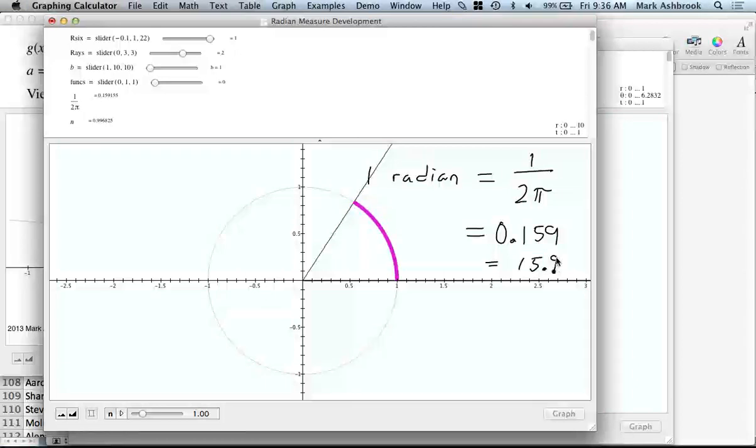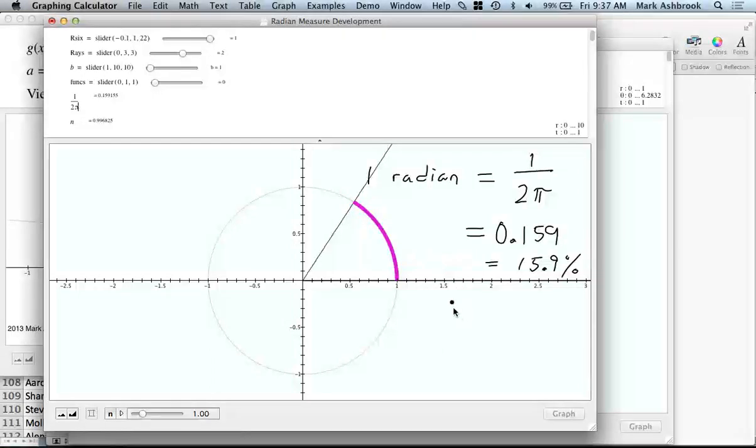So how many degrees is 1 radian? What would you do? You've got everything you need. If 1 radian is 15.9% of the circle, then how many degrees is it? How'd you get that? Right, so we could just take this 15.9% of 360, and that would give us the same angle in degrees.